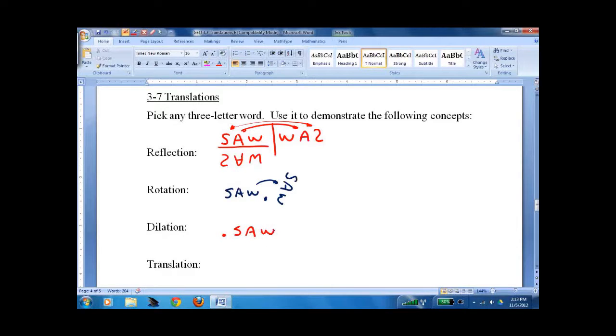Take saw and we dilate it. It's 2 times bigger and 2 times further from the point. And that's this point here.